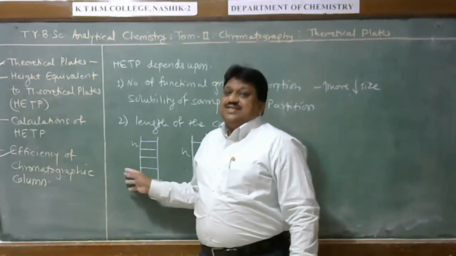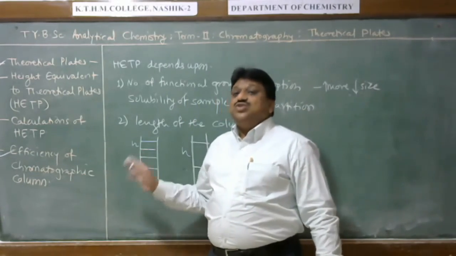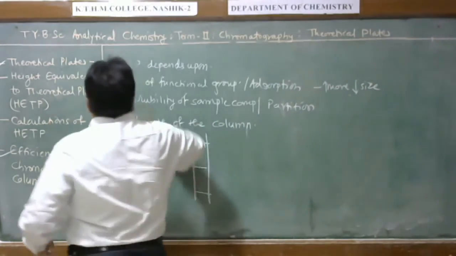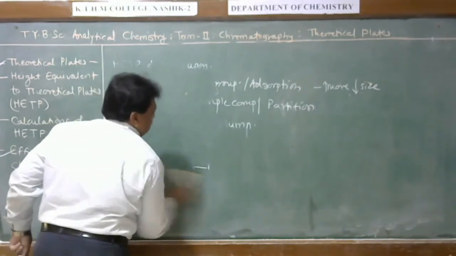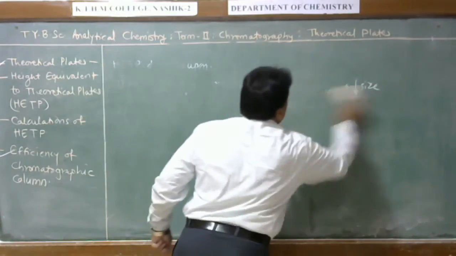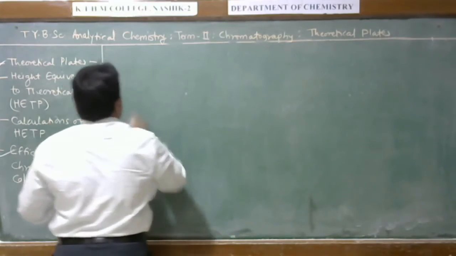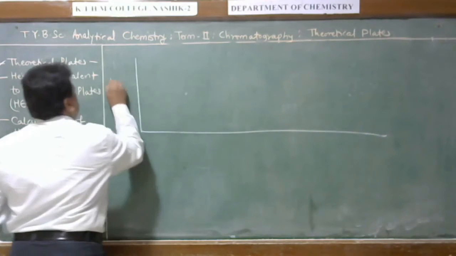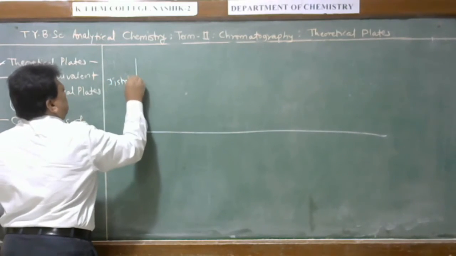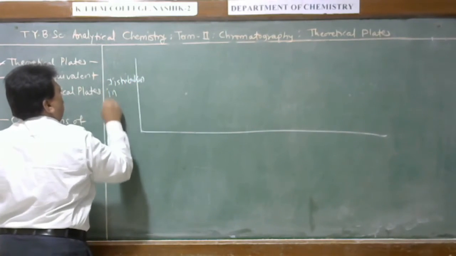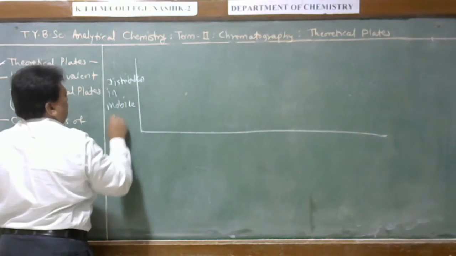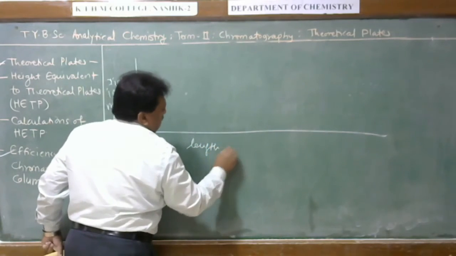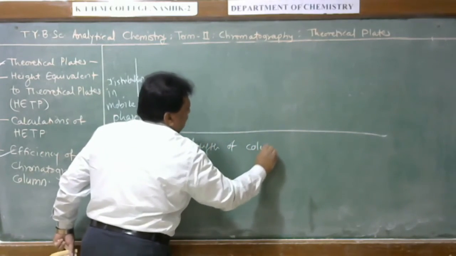On the basis of this, we can also discuss the resolution of two sample components in the column. Suppose, for example, we have two components, A and B. If we pass this A and B, here is the distribution in the mobile phase, and here is the length of the column.